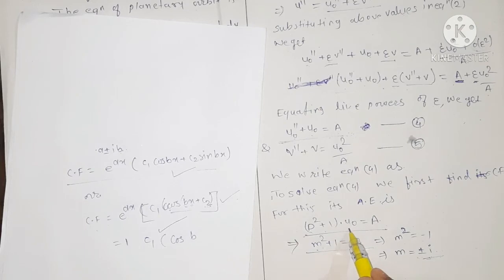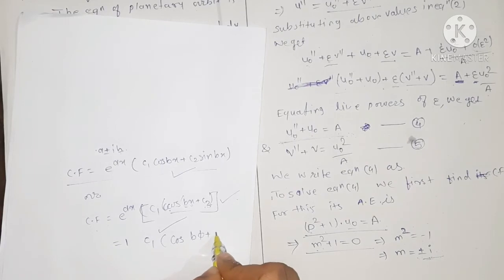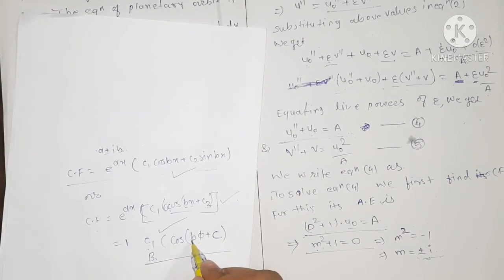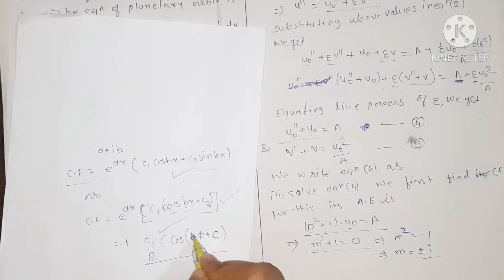Here this is the auxiliary equation of u0, therefore u0 depends on phi, so b phi plus c2 is nothing but our constant term. So we are taking the constant c2 as c and c1 as b. And this small b is nothing but 1, because the imaginary part is 1, so it is phi plus c.